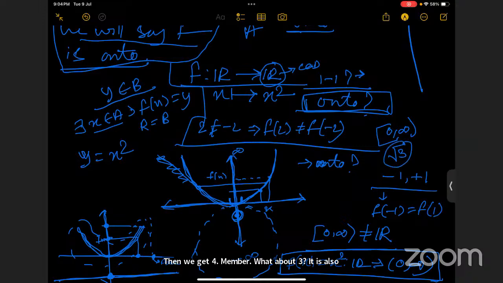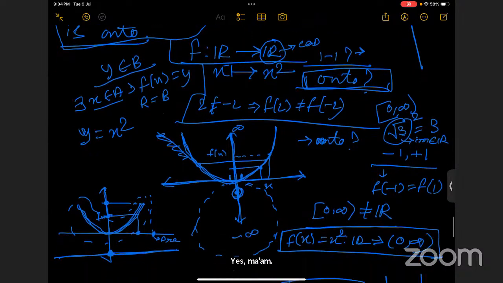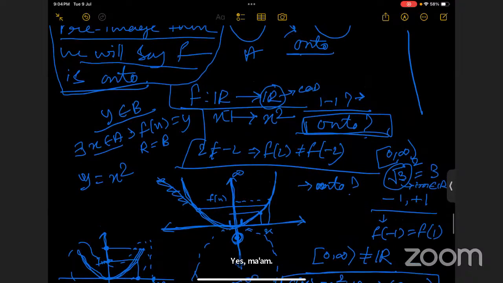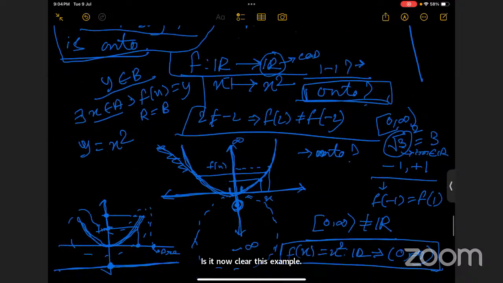Root 3, if we take root 3 and square it, it will be 3, right? Root 3 is an irrational number, so it is again in the set of real numbers. Is this example clear now? Yes, ma'am.